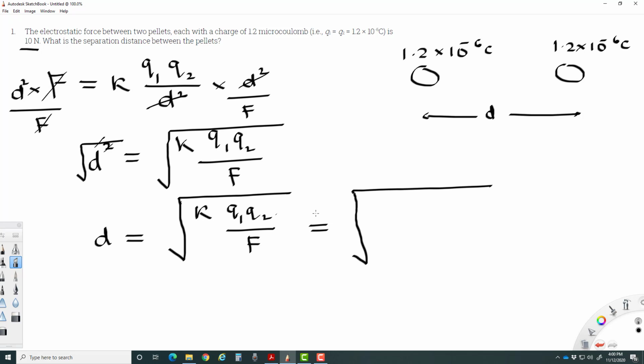The value of k is a constant, it's 9 times 10 to 9 Newton meter squared per coulomb squared, that's the unit for k.